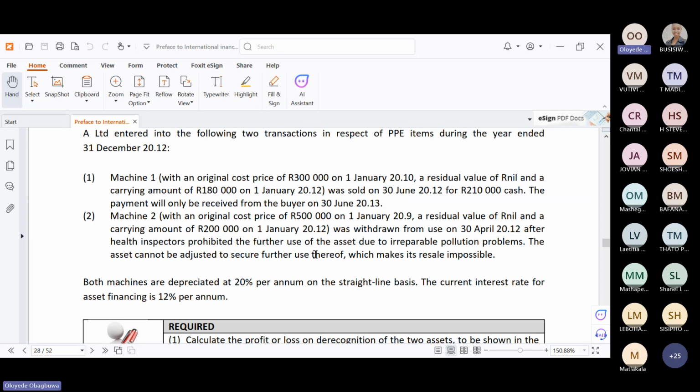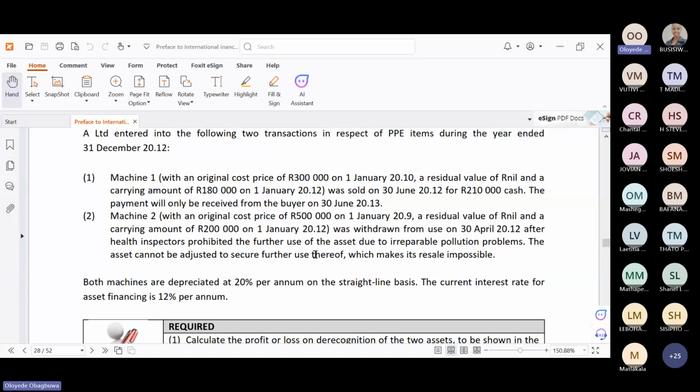Okay. Now, let's look at machine 1. It has a cost price of 300,000. There's no residual value. And the carrying amount as at 1st of January 2012 is 180,000, and it was sold on 30 June 2012.